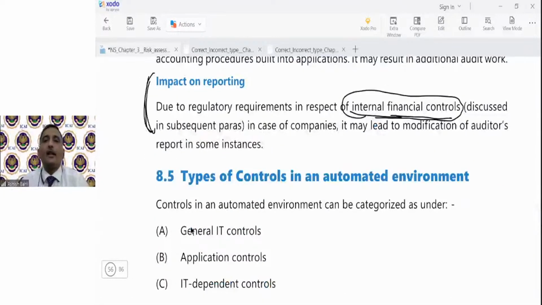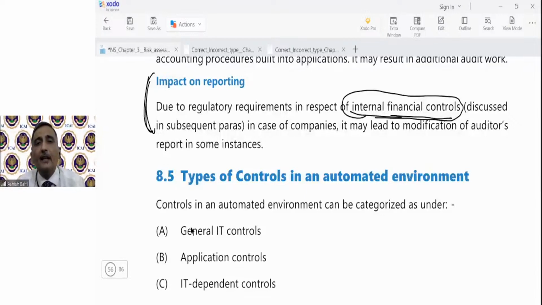So, type of controls in an automated environment. Now we come to type of controls in an automated environment. Students, you have to understand all these things in a general way, not in a very technical way, because you are not supposed to be a specialist IT person.